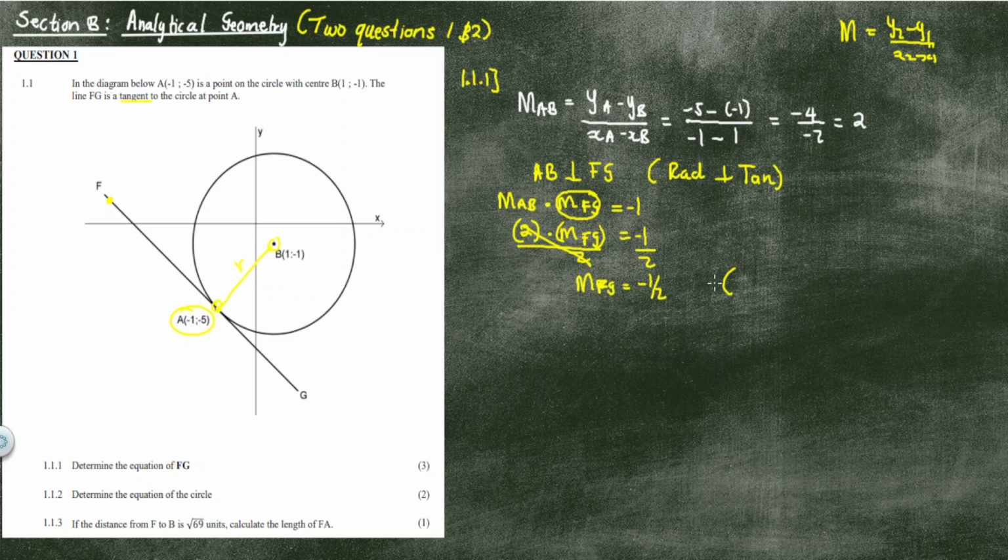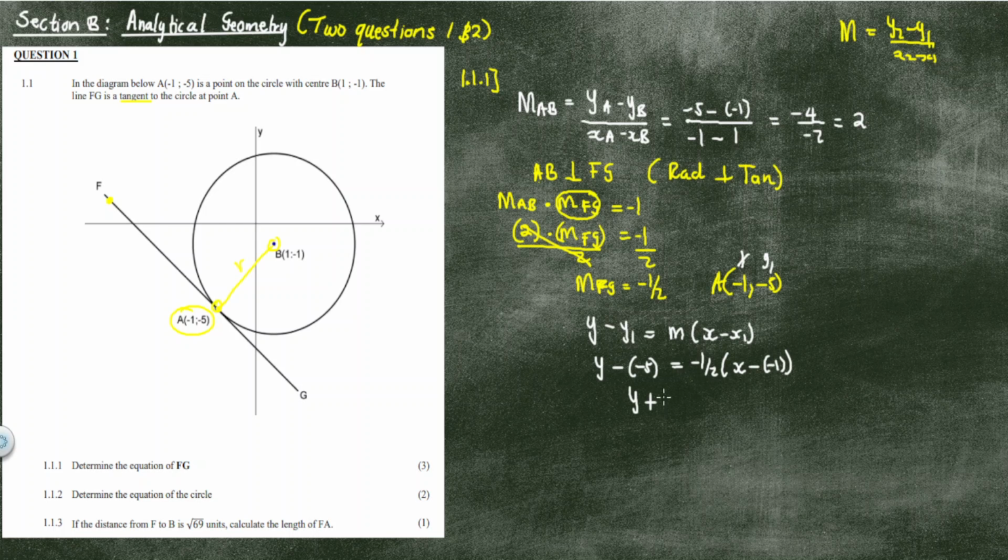I also have a point that lies on line FG, which is (minus 1; minus 5). Then we calculate what? The equation for the straight line FG. So we use y minus y1 is equal to m(x minus x1). So y1 is this, minus 5. So it's minus 5 here. The gradient is minus a half. x1 is this, minus 1.